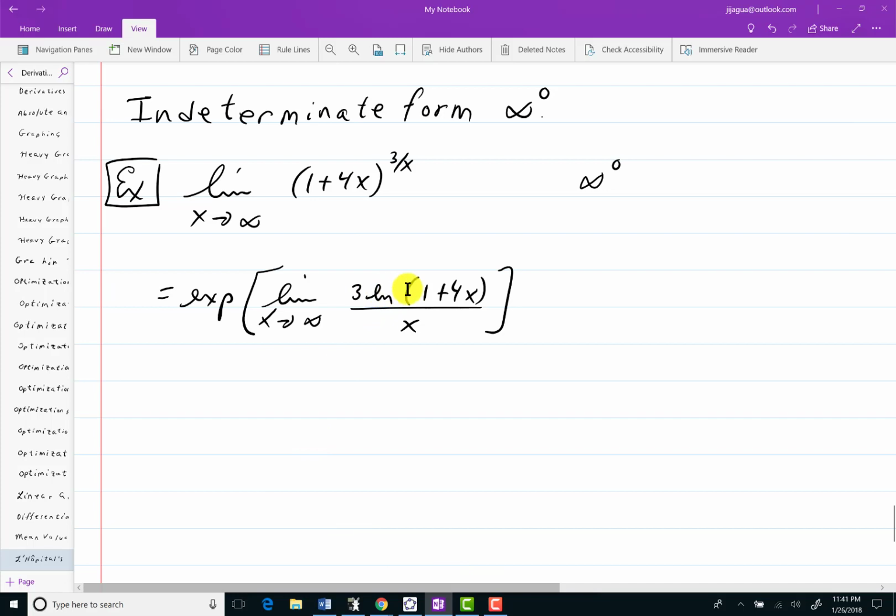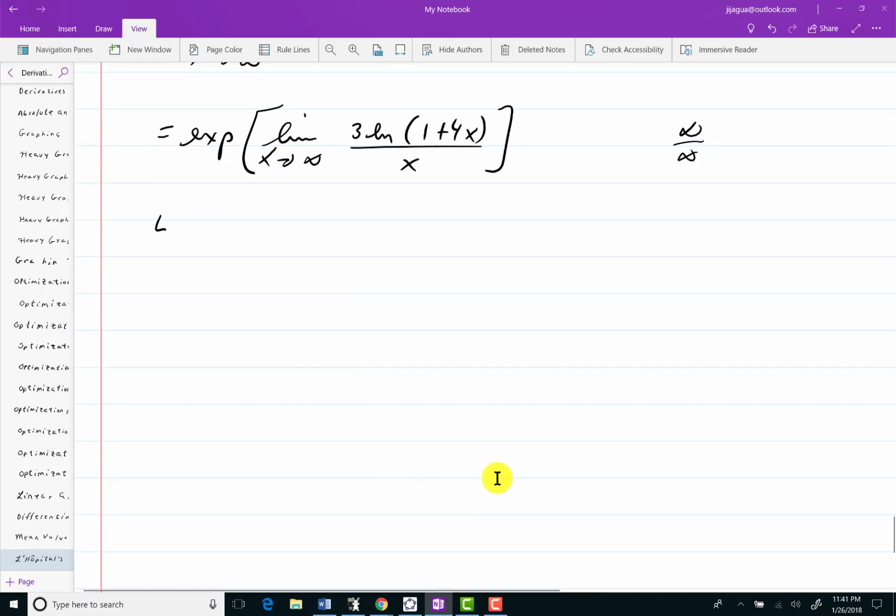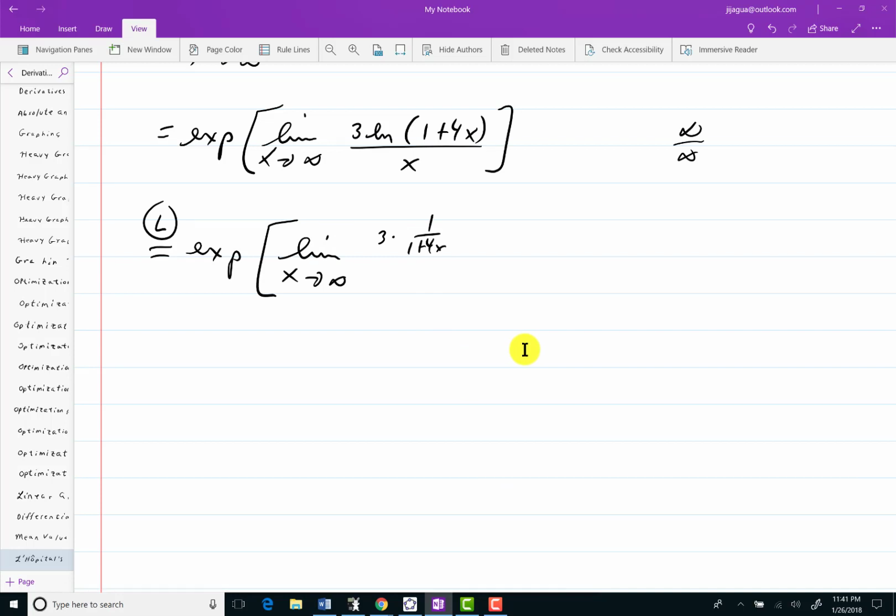You're going to have ln infinity, which is still an infinity, over an infinity. So now I'm permitted to use L'Hopital's rule. And as before, I'm going to have 3 times 1 over 1 plus 4x times 4, and in the denominator I'll have a 1.